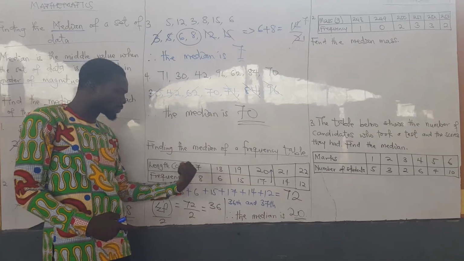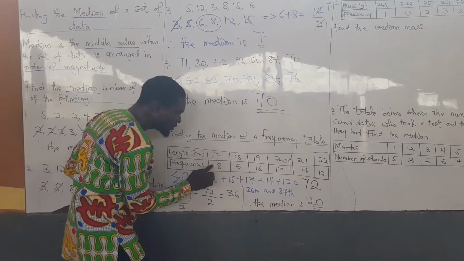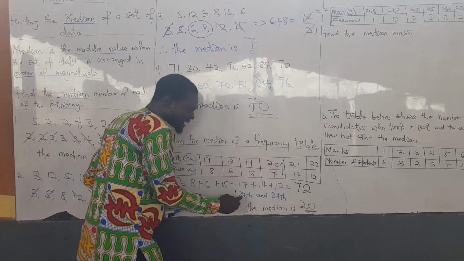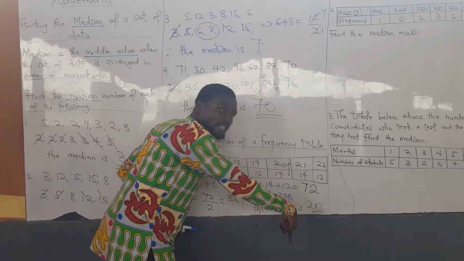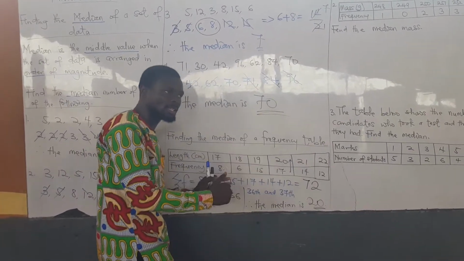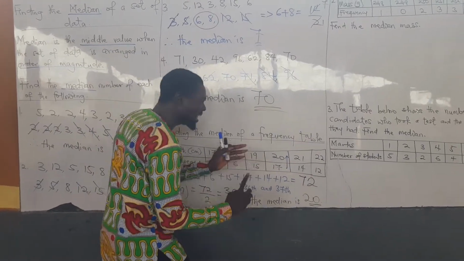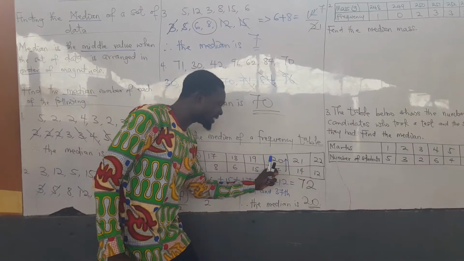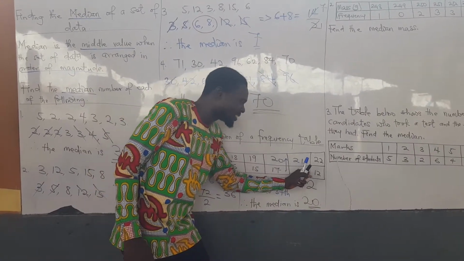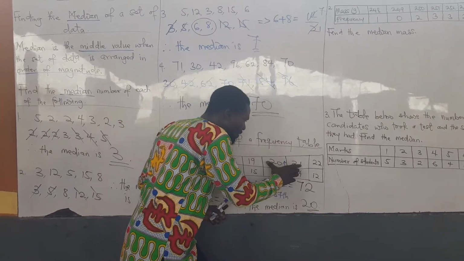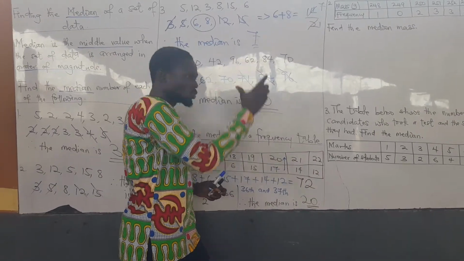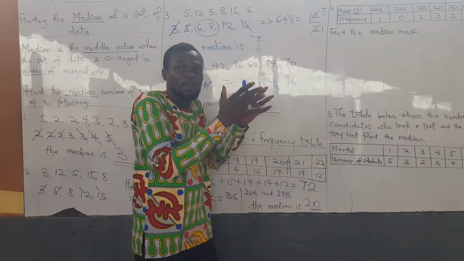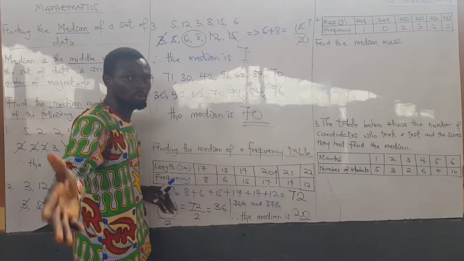So you come to the frequency table, starting from the first value at the frequency, add till you get to 36 and 37. When you get to 36 and 37, you link it to its corresponding value. Assuming we get 36 here and we get a 37 here, then we are going to pick those two numbers, put them together and divide by 2.